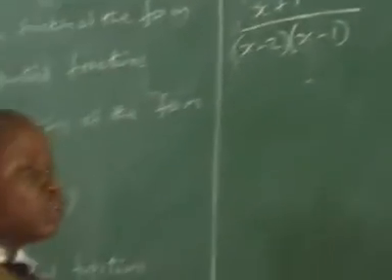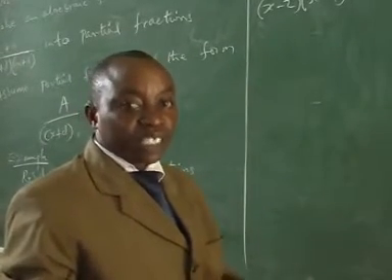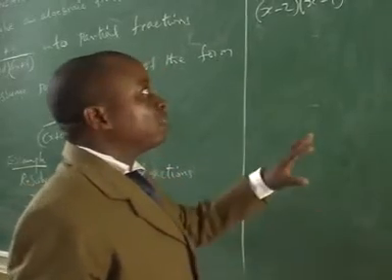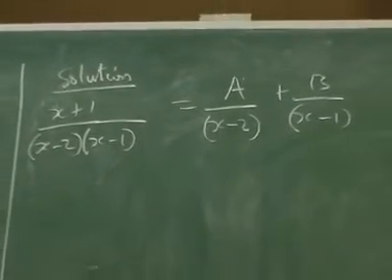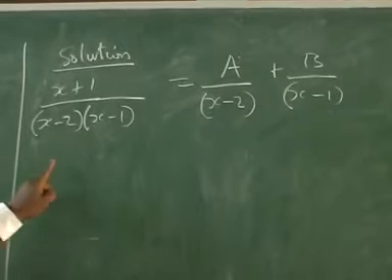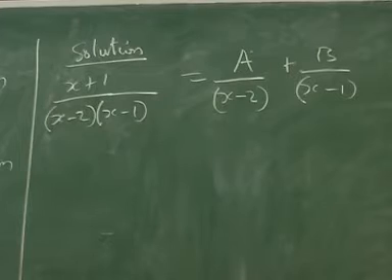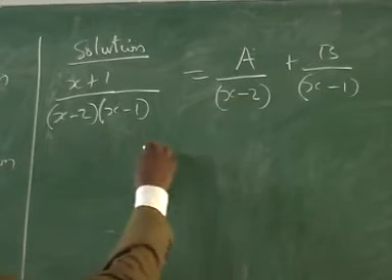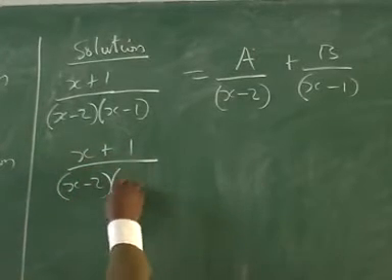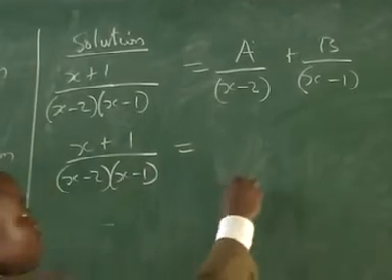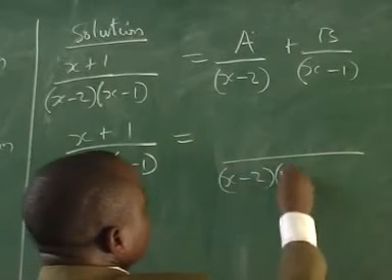Now I'm going to use a method that we call the cover-up method. After that, I will use the comparing coefficients method. We can use this method to solve any algebraic rational function whose denominator is linear into partial fractions. So we now see that x plus 1 all over x minus 2, x minus 1 will be equal to, now if I take the LCM of this, I will have x minus 2, x minus 1.